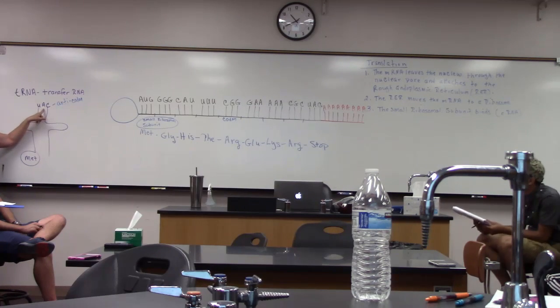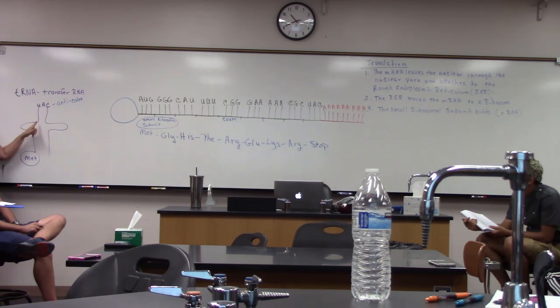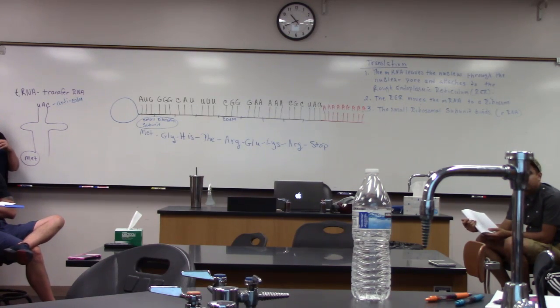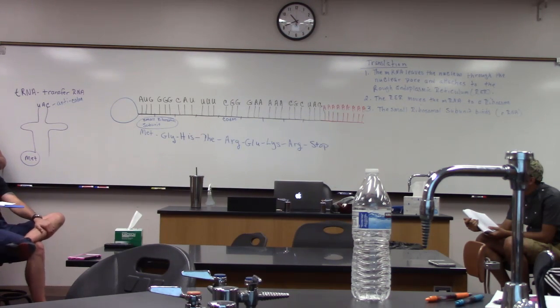So you're going to find there are 20 different groups of anticodons on the transfer RNA. And each one of these anticodons will code for an amino acid. That's it. No more, no less. So on that overhead, I'm just showing you that there's a different group of anticodon and it's carrying a different amino acid. That's all. Does that make sense?